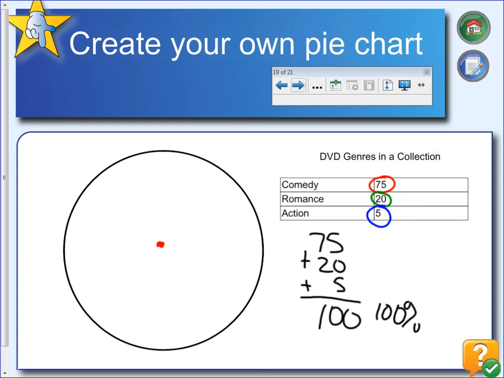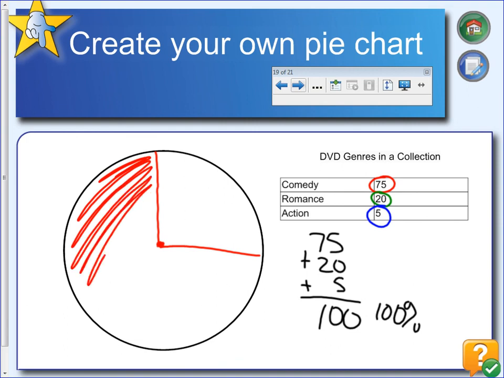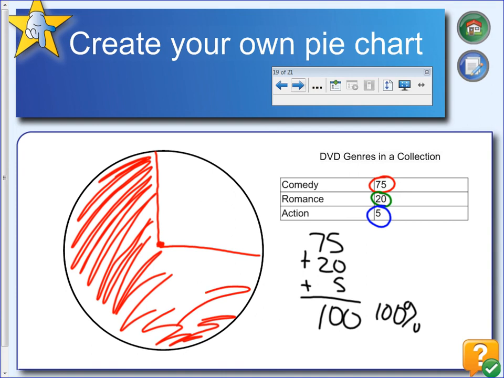So that's a lot easier. That just means that 75% of this pie, or 3/4 of the pie, is going to be comedy. It's going to be red. So we're going to do this, and we know that this whole thing here is going to be comedy.